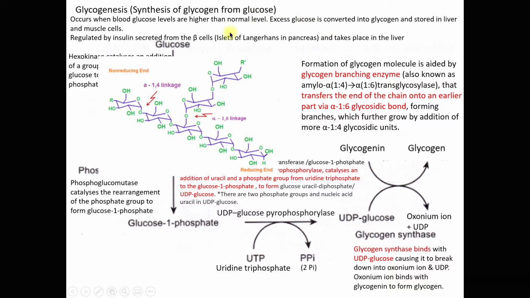You can see from this diagram here, via an alpha 1,6 glycosidic bond. So this long chain here is being attached with this chain here via the alpha 1,6 glycosidic bond by the glycogen branching enzyme. So this will form branches, and these branches will further grow by addition of more alpha 1,4 glycosidic units.